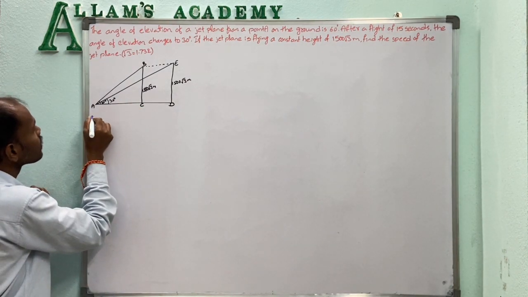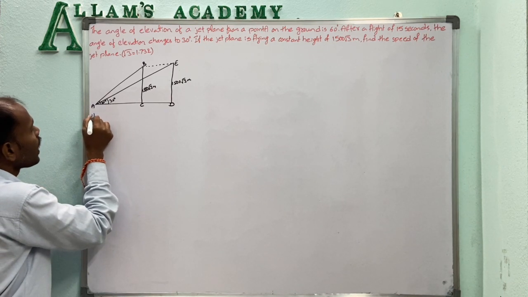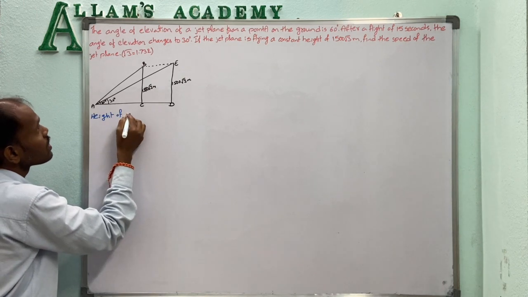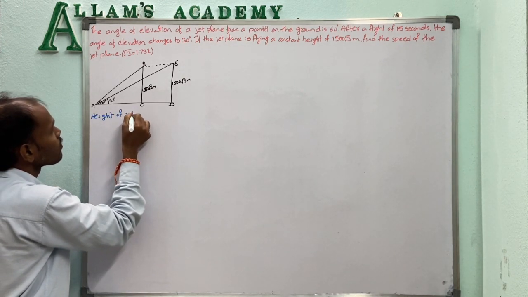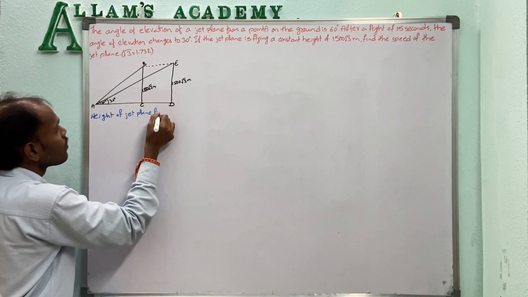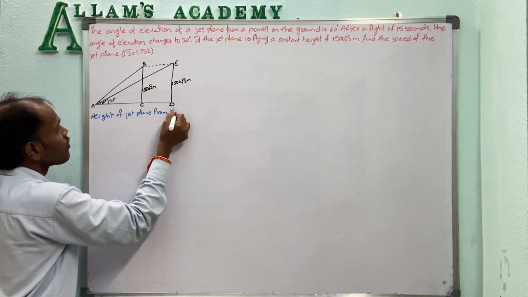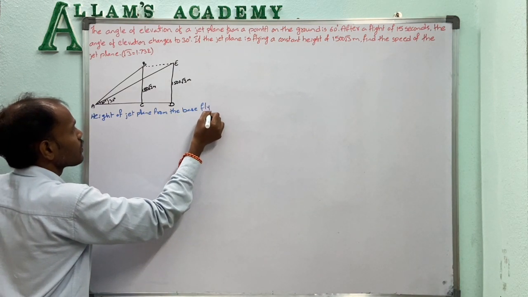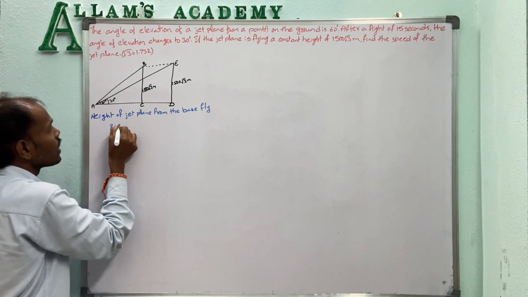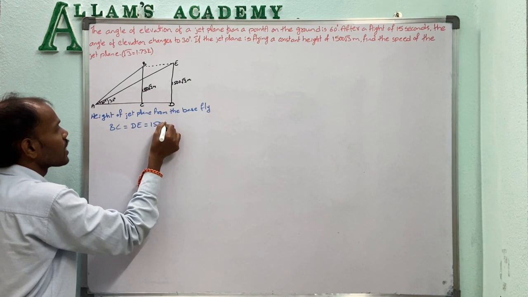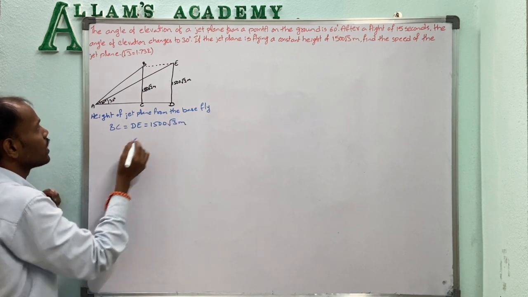So the height of the jet plane from the base: BC equals DE equals 1500 root 3 meters.